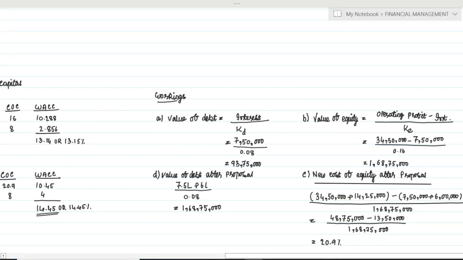To find the value of debt, we need to write interest divided by cost of debt. And value of equity, we need to write operating profit minus interest divided by cost of equity.